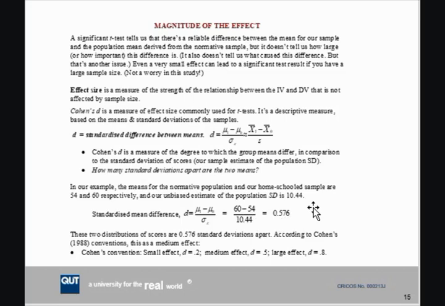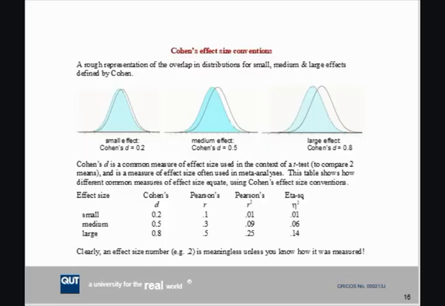So these two distributions of scores are 0.576 standard deviations apart, and according to Cohen's conventions, that's a medium effect size. Let's have a look here. Cohen's effect size shows that a small effect is around 0.2, a medium effect is around 0.5, and a large effect is around 0.8.